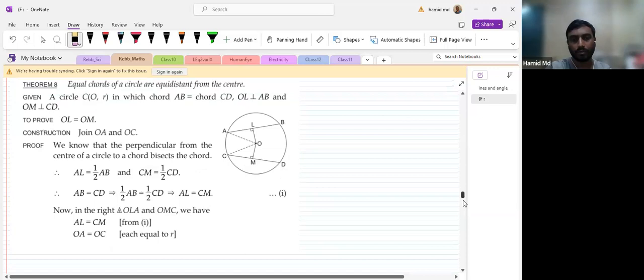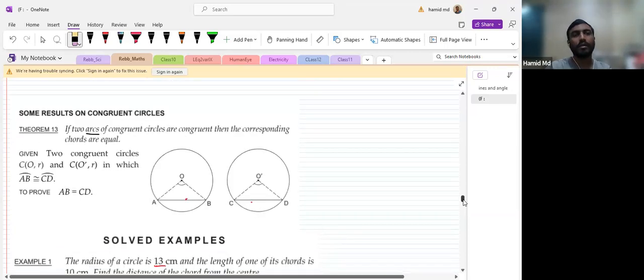So what was this? If two arcs of a circle are congruent, then corresponding chords are equal. To prove that AB is equal to CD. This was the arc.